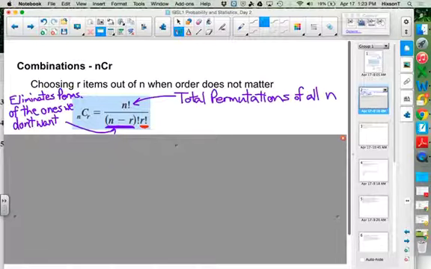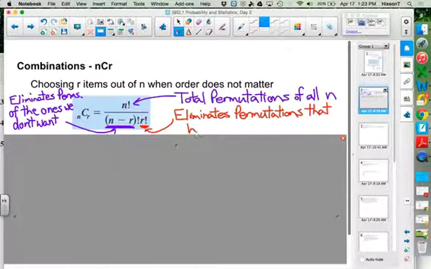What that part of our formula does is eliminate permutations that have all the same elements in them.